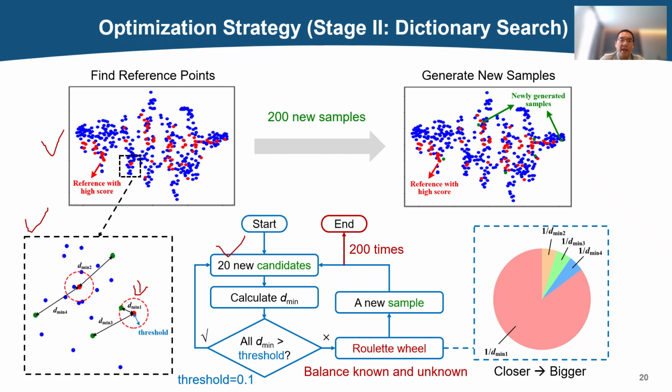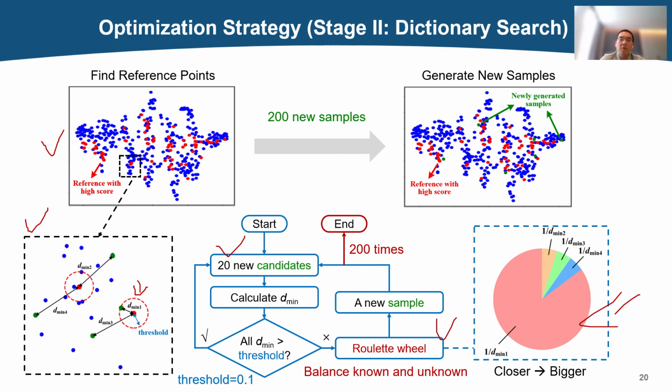If at least one candidate is located within the threshold region, the reciprocals of their distance to the reference points are calculated and used to determine selection probabilities through a roulette wheel method. This probabilistic approach helps account for any potentially missed optimal samples in the initial Latin hypercube sampling and improves the chances of identifying better performing solutions.